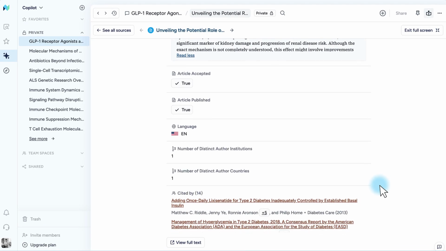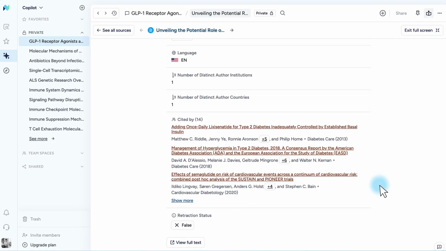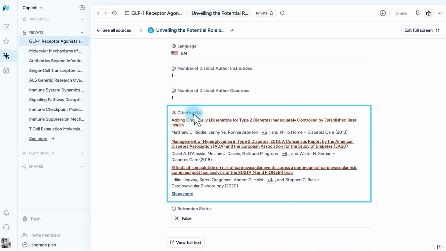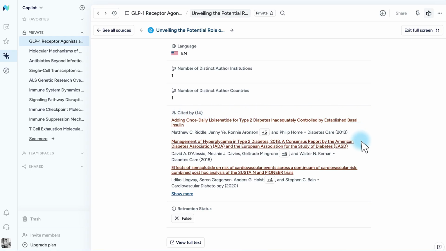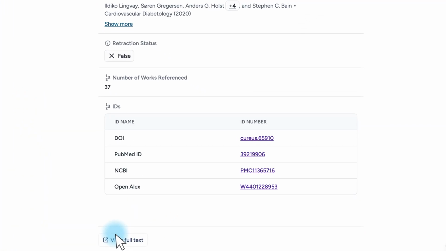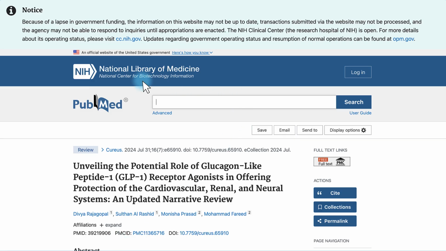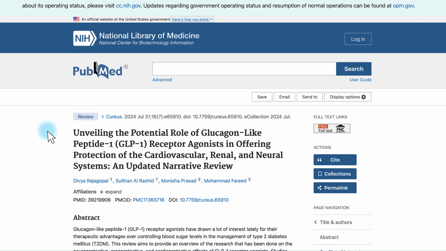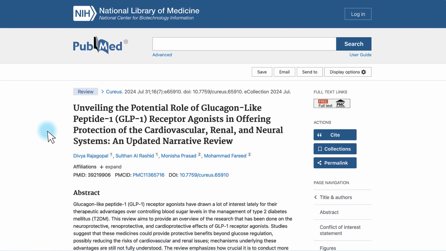You have additional information below talking about the cited article, its citations, and also references to other external databases: NCBI, OpenAlex, DOI. Whenever possible, we have tried to source from open source and open access journals so that you can get to the full text as quickly and directly as possible.